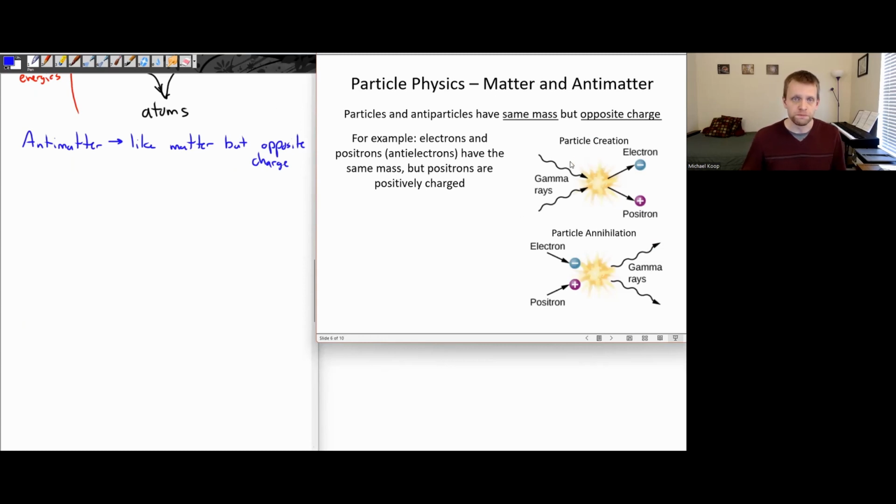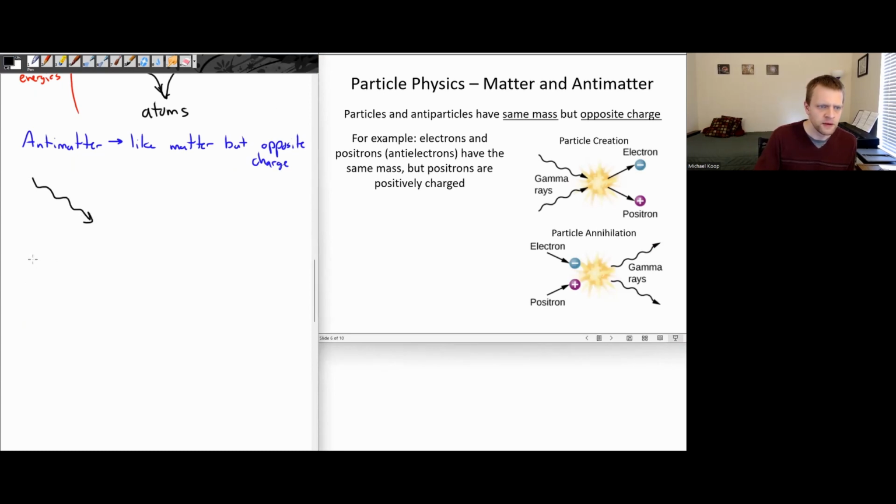We have what are called particle creation reactions, where I can have two gamma rays. Let me draw this one out. I can have two gamma rays, which again are the highest energy light per photon.